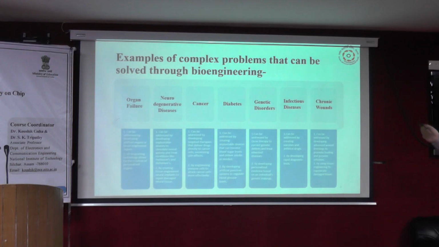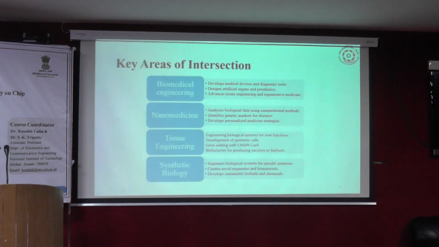Doctors may be there for the treatment of common diseases, but highly specialized doctors are only in big cities or big places, not everywhere. That is one of the disadvantages of places where the healthcare system has not fully grown. So these are some complex problems that can be solved. These are the key areas of intersection.